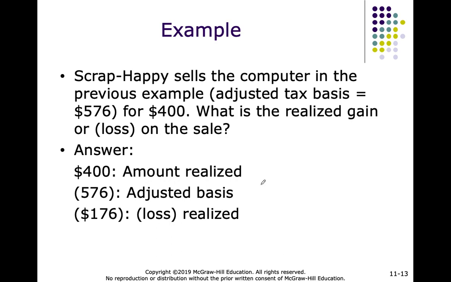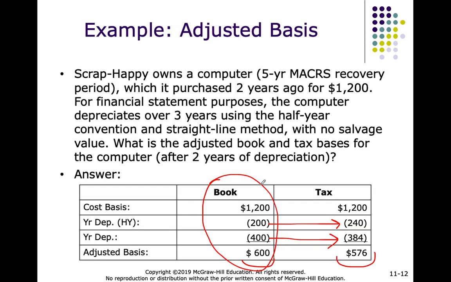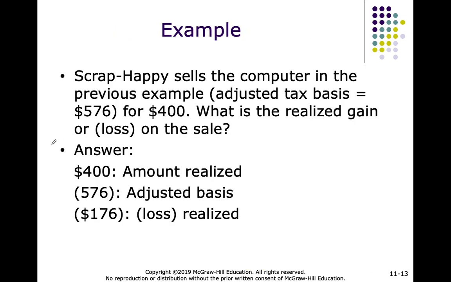In this case, our basis is 576. We sell this computer for $400. We realize a loss of 176. So if we're using this computer for business, then this loss is fully deductible because it's considered an ordinary loss.